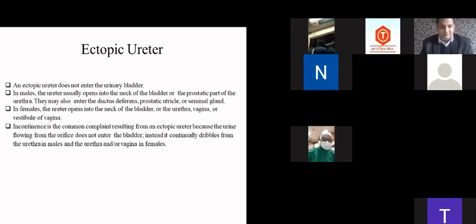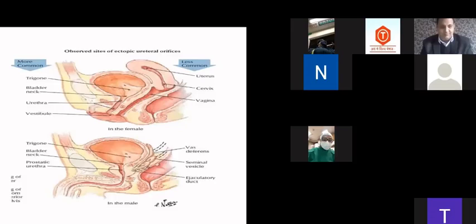Incontinence is the most common complaint resulting from an ectopic ureter, because the urine flowing from the orifice does not enter the bladder. Instead, it continuously dribbles from the urethra in males and urethra or vagina in females. So here we can see in the females, the more common locations of the ectopic ureteral orifices are the trigone of the bladder, the bladder neck, the urethra, and the vestibule.